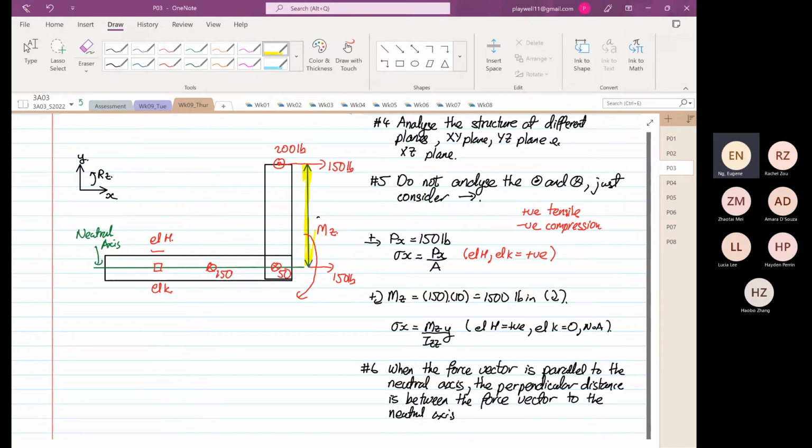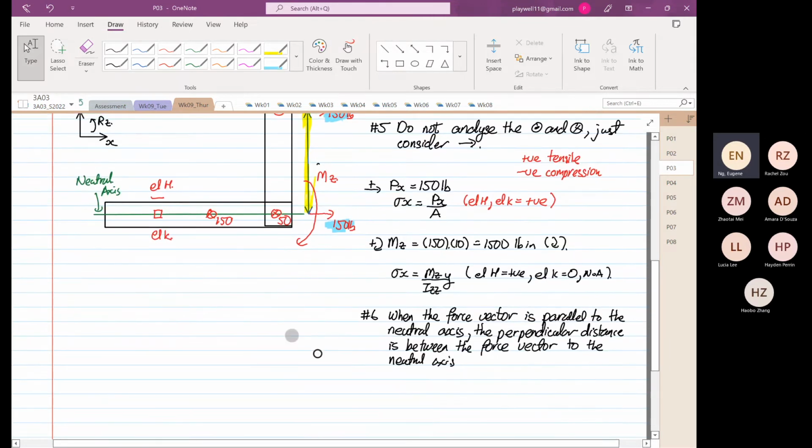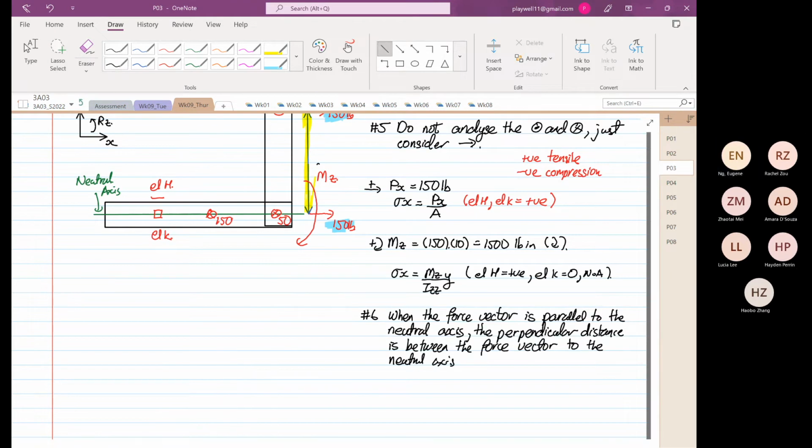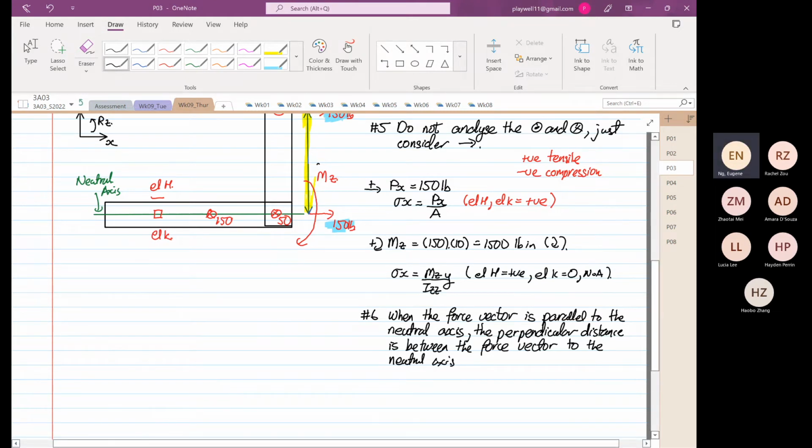Now, another thing a lot of students are confused about is why this 150 will be a 150 axial load over here. As I said, we have learned this before. Remember we had an example when we were doing eccentric symmetrical bending, right?